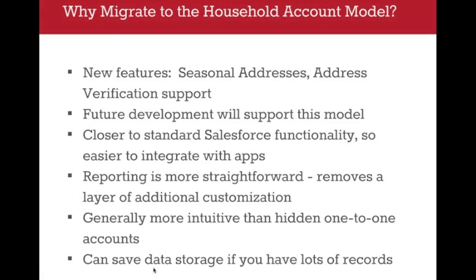Now you're going to take away the one-to-one accounts, so you'll just have contacts and households. But if you start using the seasonal address field, and particularly if you start having multiple addresses for people, then unfortunately it's almost like putting the one-to-one accounts back because you're going to have additional objects. So in theory it should save you data storage, but it might create another issue.